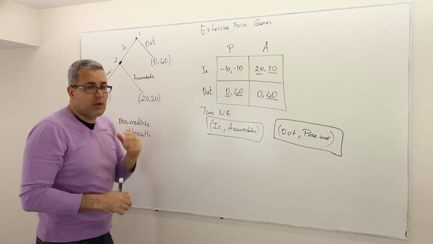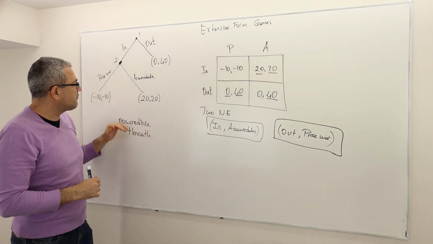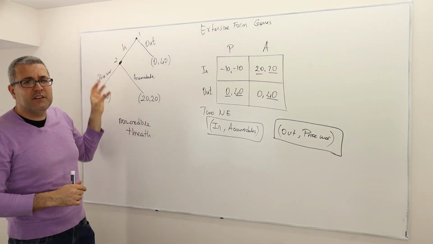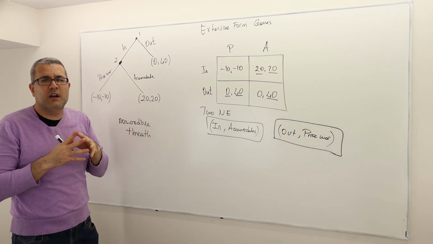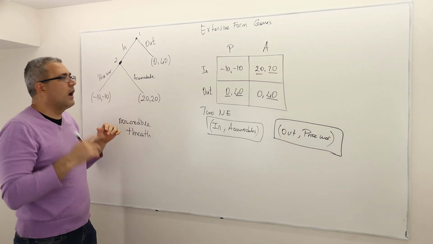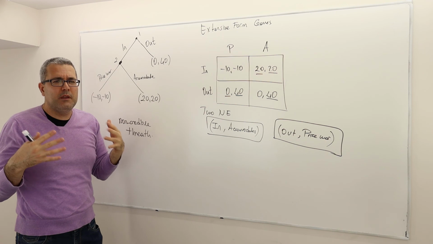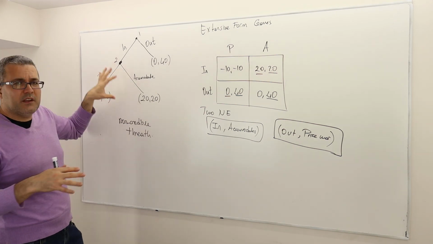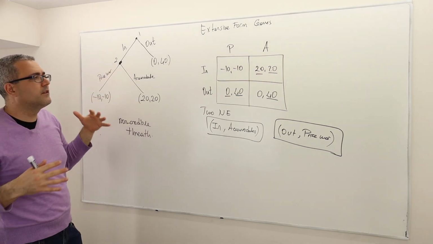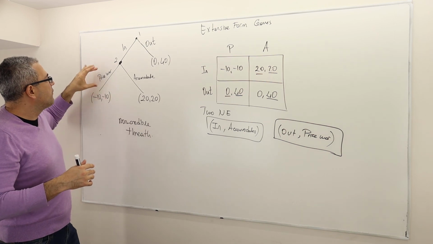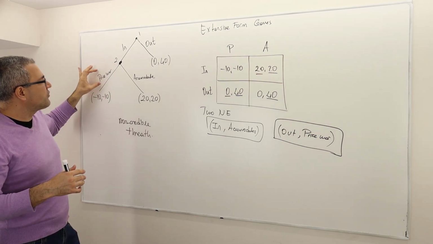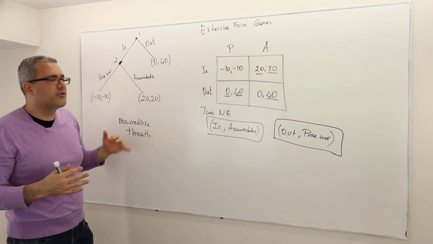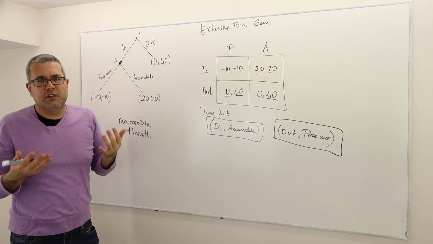So for that reason, in an extensive form game where commitments are not possible, I'm going to talk about what I mean by commitments. So in an extensive form game where commitments are not possible, playing this strategy or non-credible threat strategies is not rational, all right?